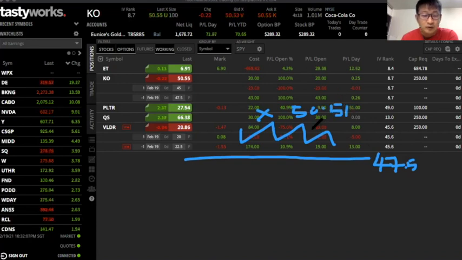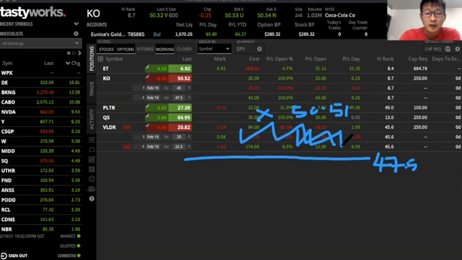So right now we do have a lot of safety margin, about $2, probably $3 of safety margin for Coke. In this case, you have two options to take action. Number one, you can leave it to expire worthless, with automatic close on Saturday, which is the next day.